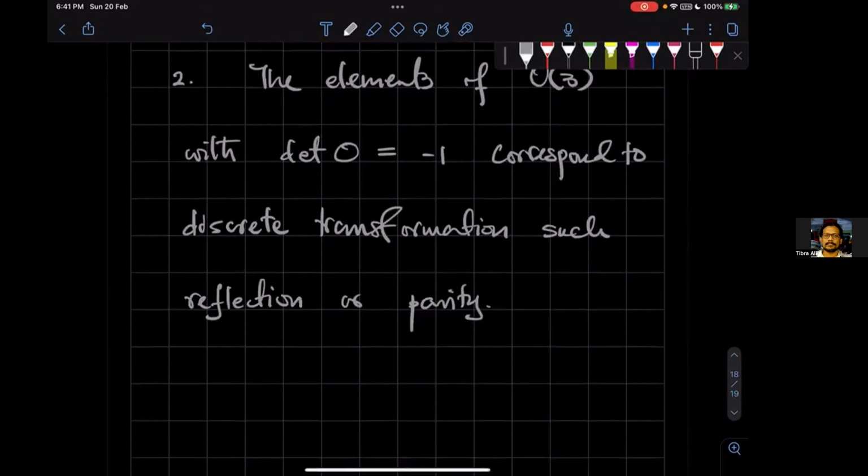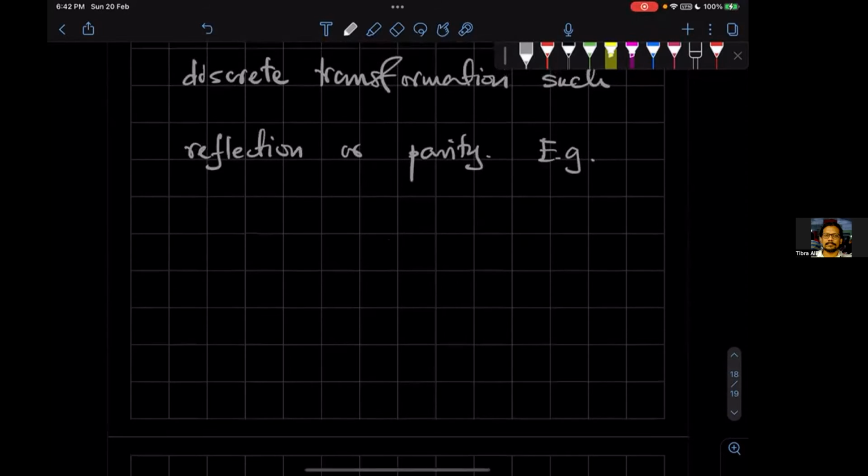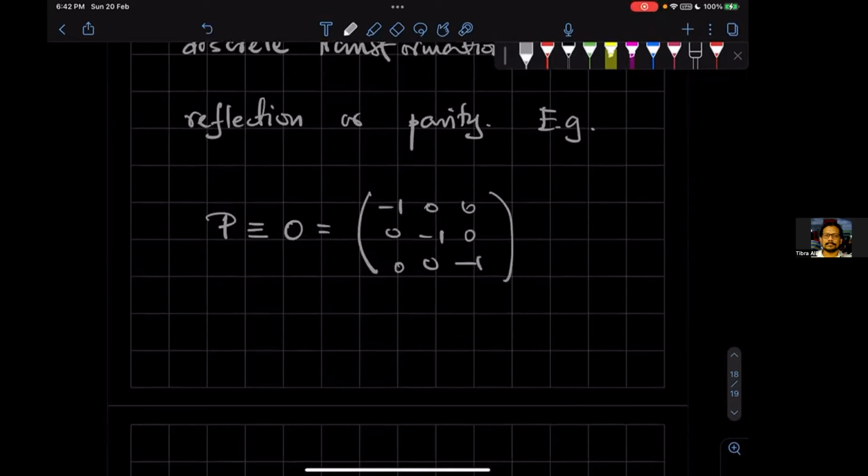Okay, for example, if I take the matrix, say, P, which is a particular orthogonal matrix of the form -1, -1, -1, then this is called parity.